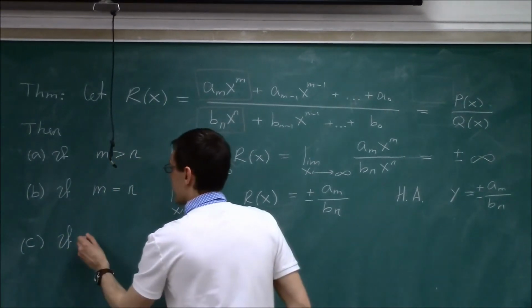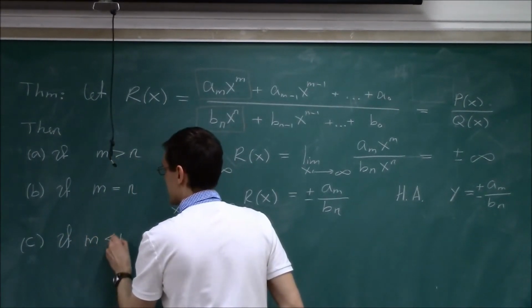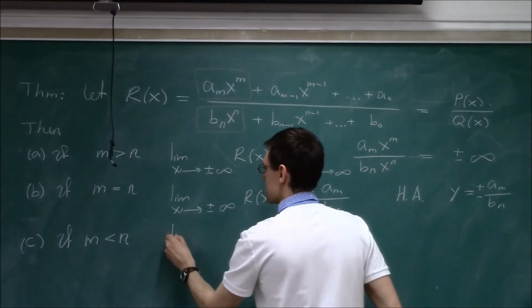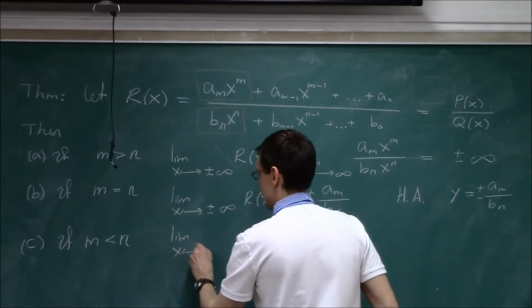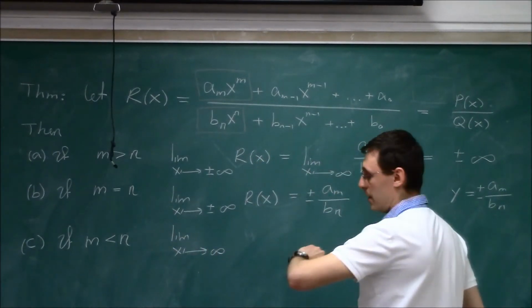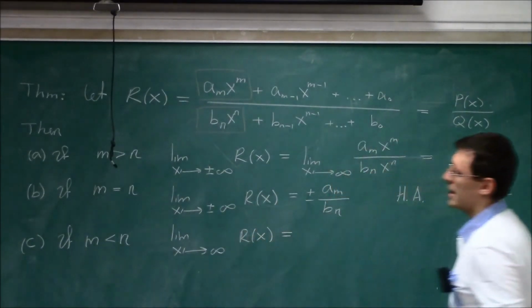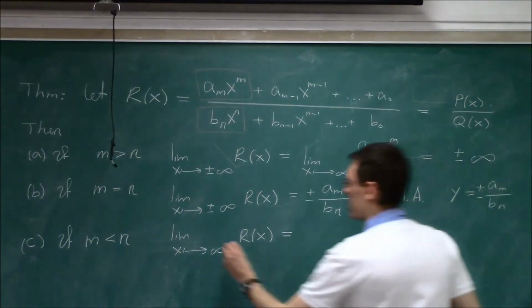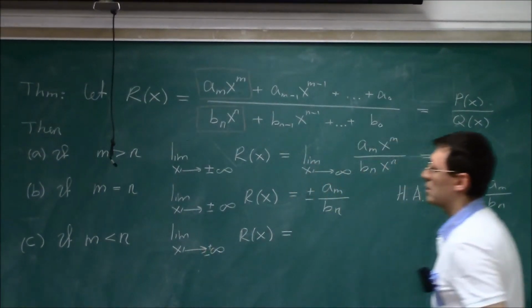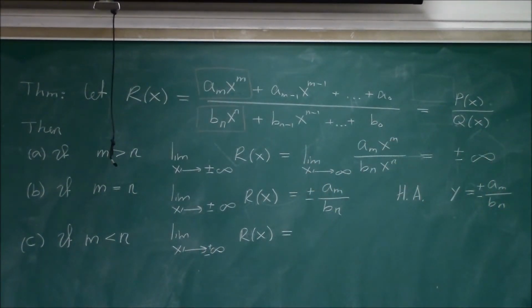If m is smaller than n, limit as x goes to infinity of r of x. Anybody take a guess? Let's say actually plus or minus. So we can go to infinity or to negative infinity. What will be the answer?